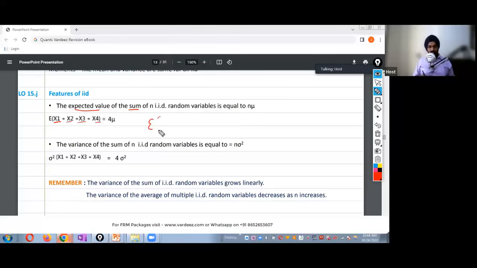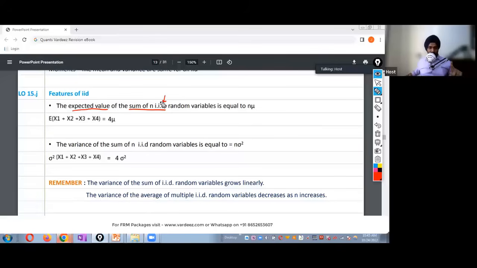The expected value of X1 plus X2 plus X3 plus X4 is equal to mu, the common mean, multiplied by n. So if we have 4 random variables, that's 4 into mu, whatever the mu is. That is the expected value of the sum of n IID random variables.